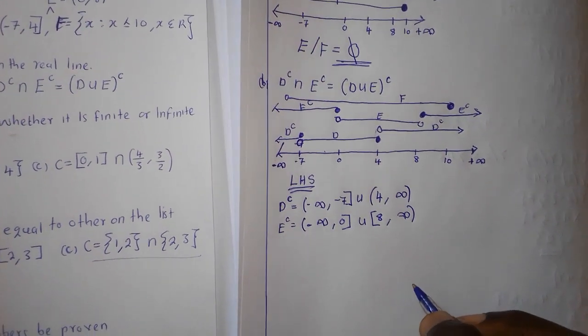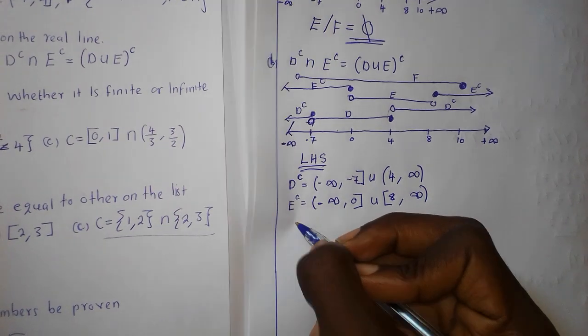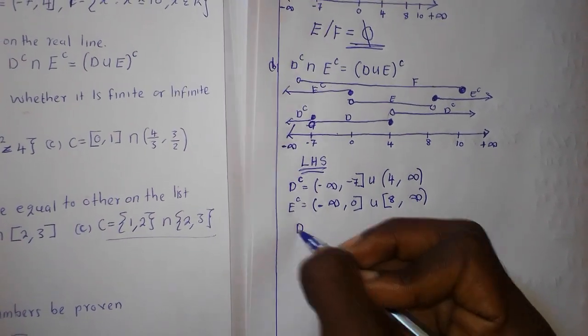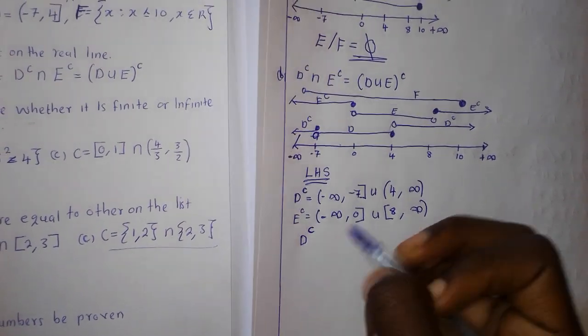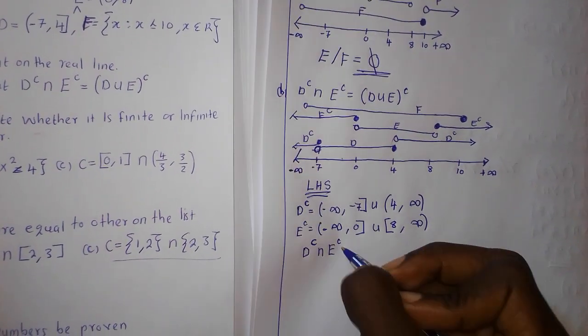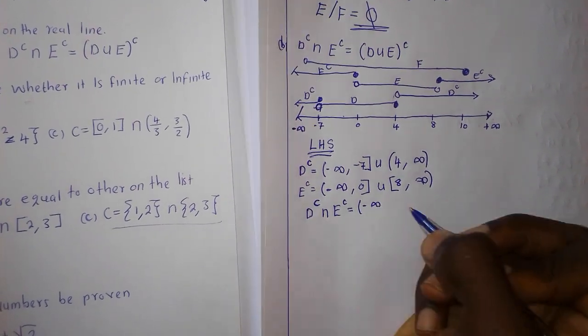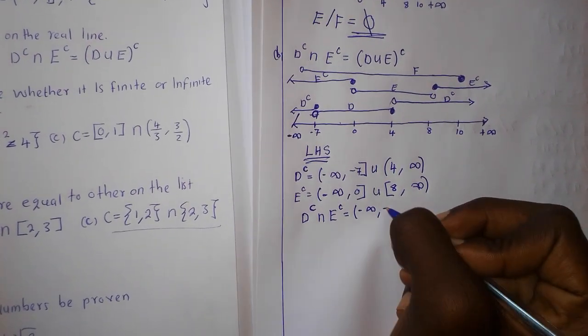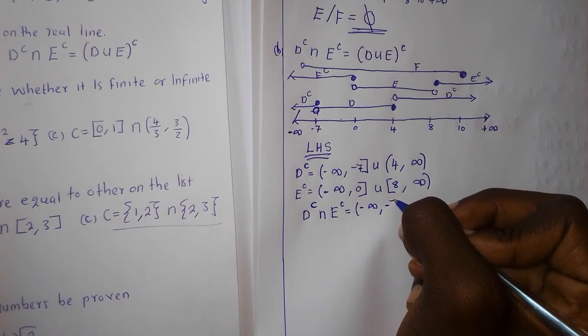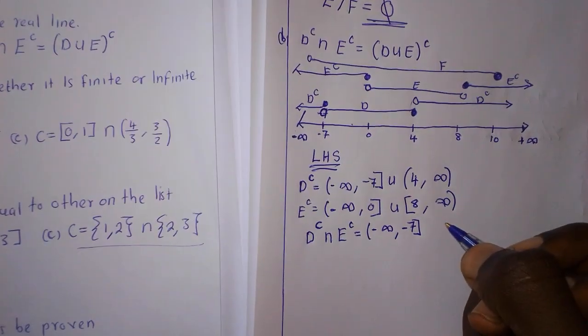Now, when you check where these guys are intersecting, you discover that D complement intersection E complement is going to intersect at some point where we are coming from negative infinity, going to some point where we are going to have negative 7 included, like this.